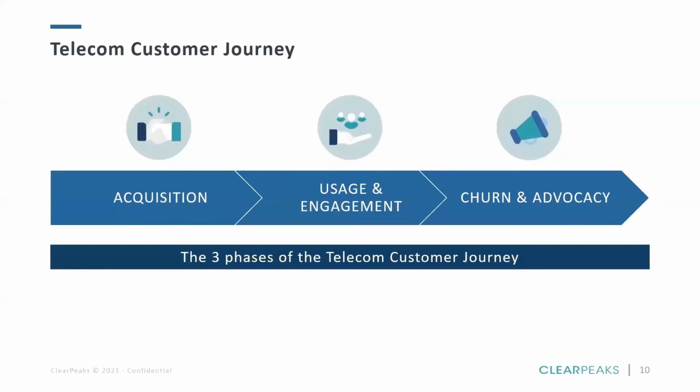The first baseline that we all know about the telecom customer journey is these three silos in front of us, or rather, the three phases of any telecom customer. The first one being the acquisition phase, which entirely talks about strategies and campaign plans, or let's say the outreach programs that a telecom organization takes into account to acquire new customers.